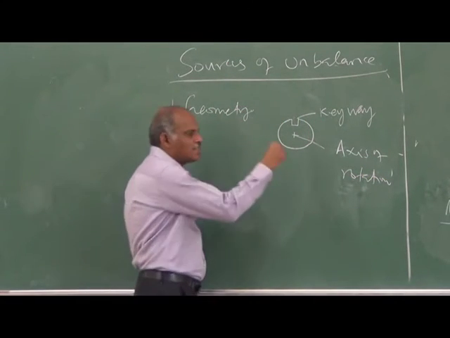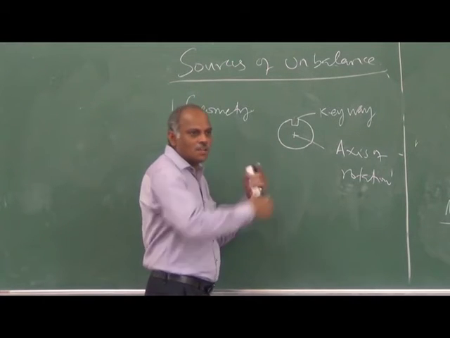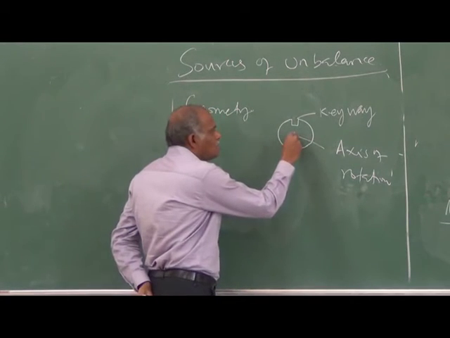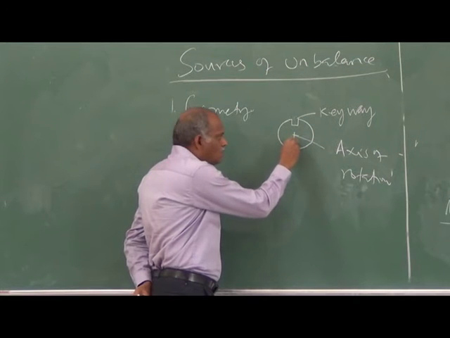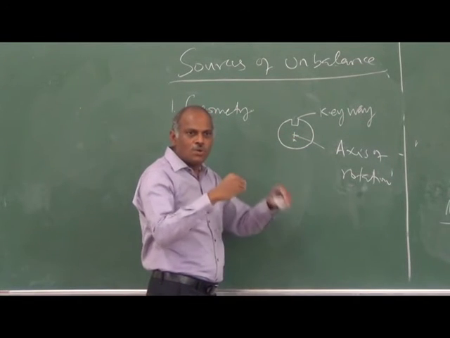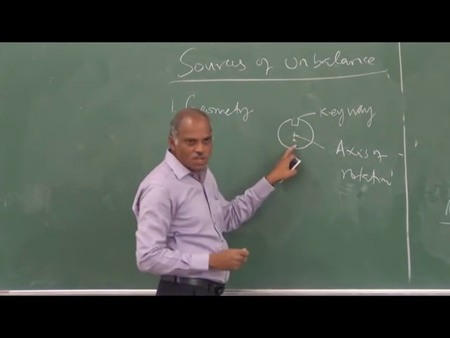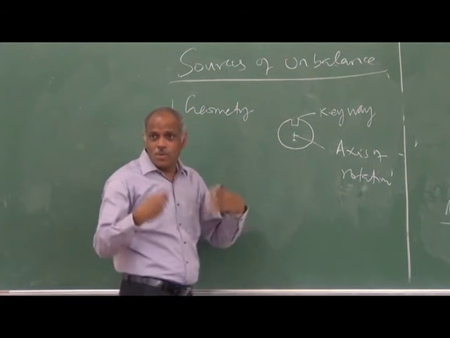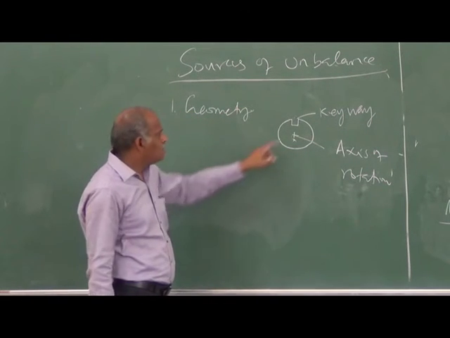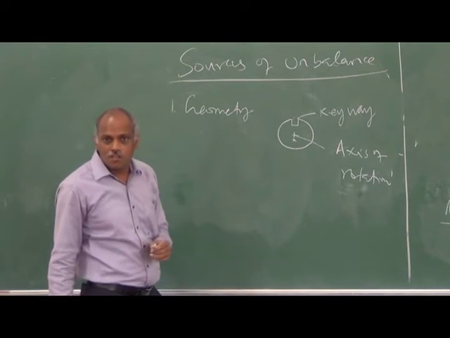Then you can think of the axis about which the masses are uniformly distributed, that will be shifted to this side. So they are not going to coincide, so this will produce an unbalance. So your geometry, like putting in a keyway, may create unbalance.